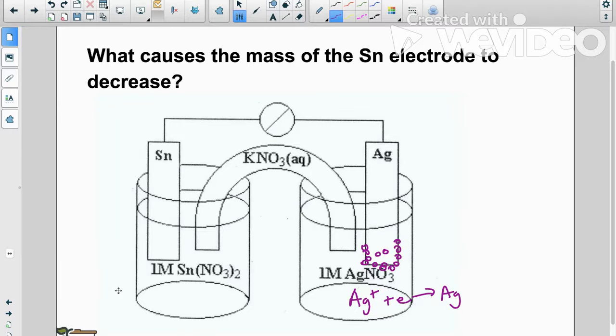Over here, the oxidation of the tin produces tin ions which go into solution. These solid tin atoms now become aqueous ions that just go into solution and dissolve in there.